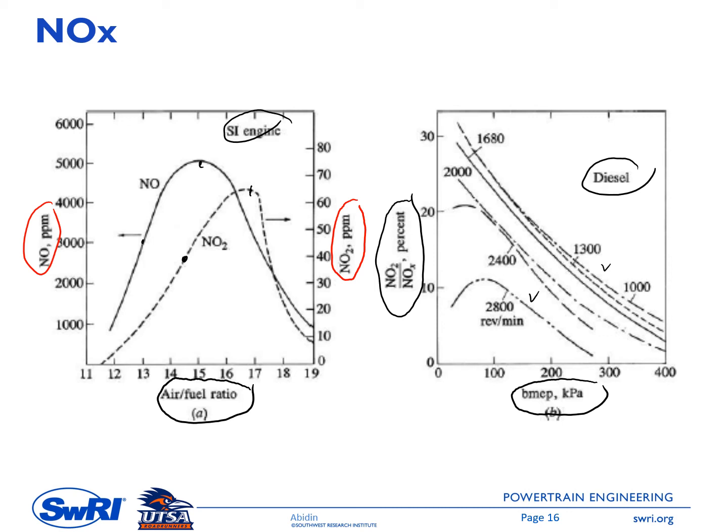For example, at light load we have the highest NO2 over NOx, around this area, and it also depends on the engine speed.